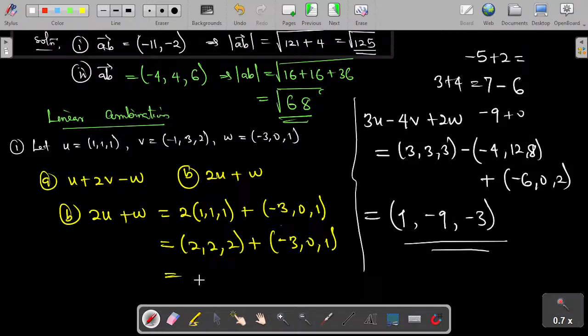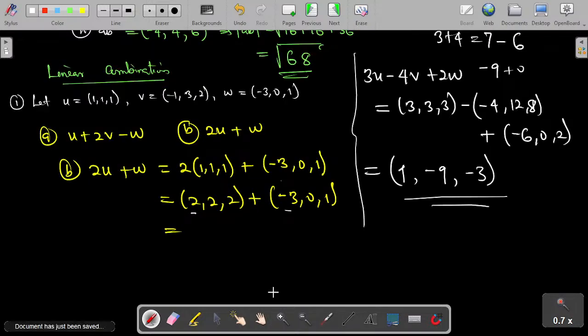Now just add what you have. You add component-wise. I've been saying this since yesterday. The first component will add to the first component. So 2 plus minus 3. I think the problem here is sign, and we should be able to handle issues of signs.